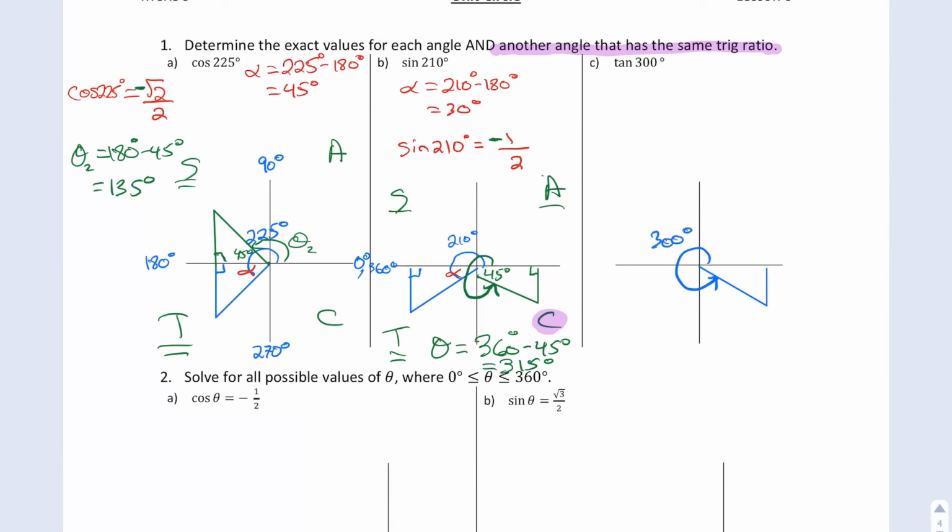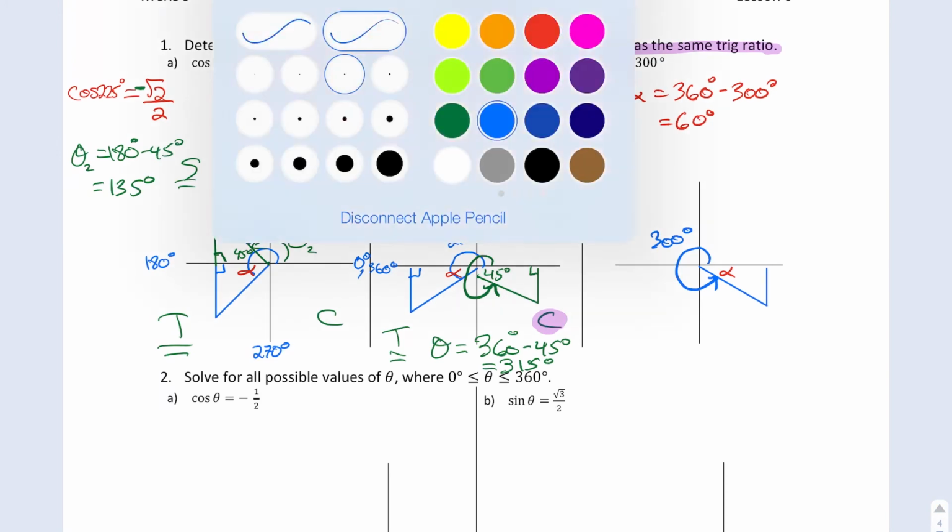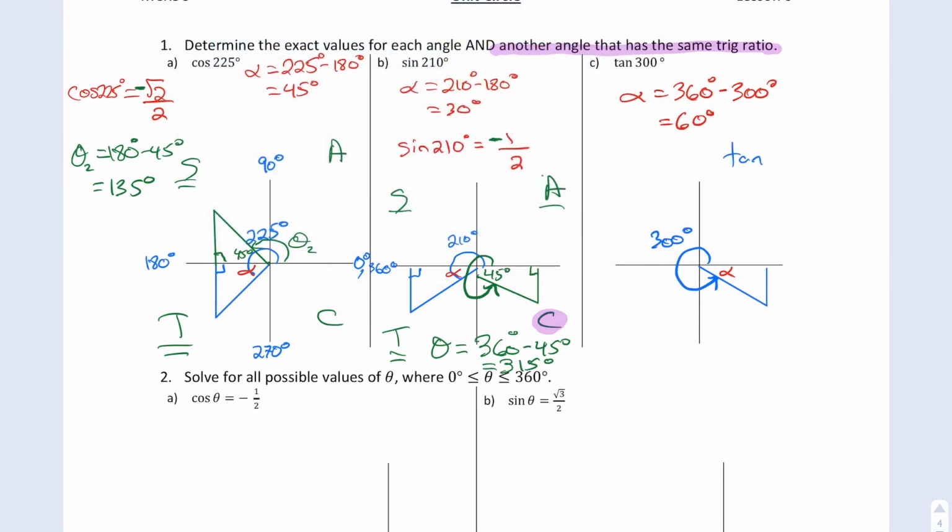So I got 300, which gives me that quadrant. That leaves, if I do quick math, alpha equals 360 minus 300, which is 60. So it's tangent. Tan of 300 is the same as tan of 60.